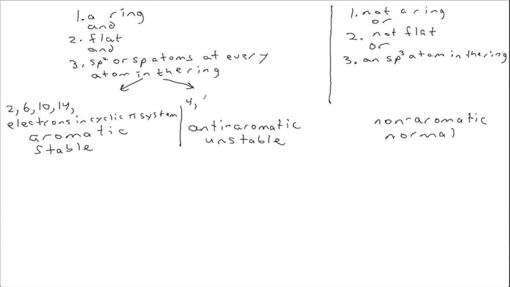If there are 4 or 8 or 12 or 16 electrons in the cyclic pi system, that makes it anti-aromatic.